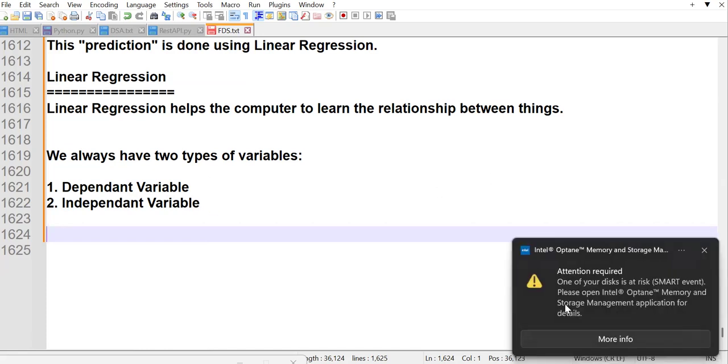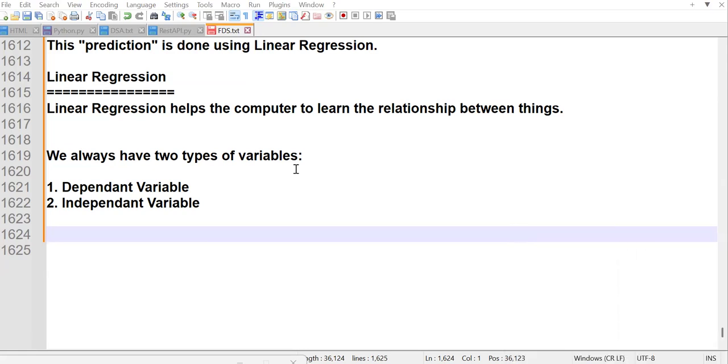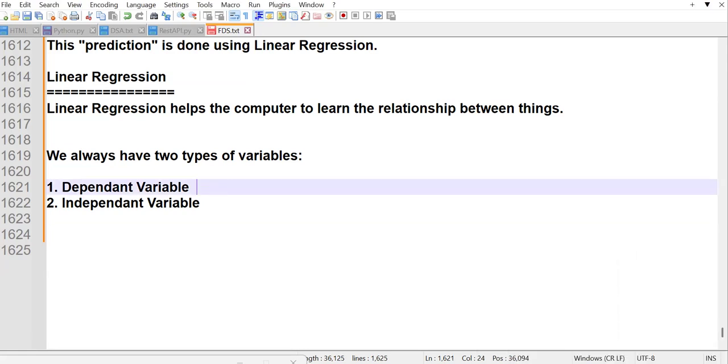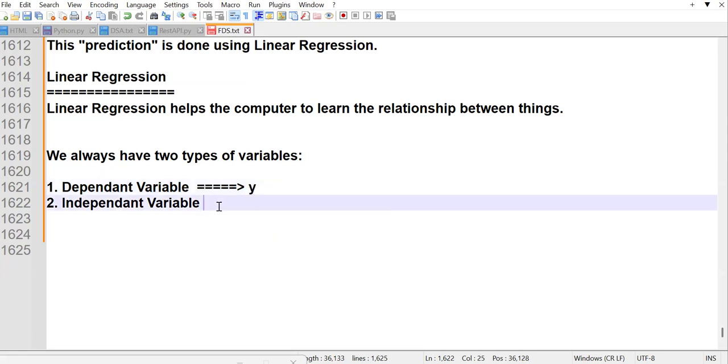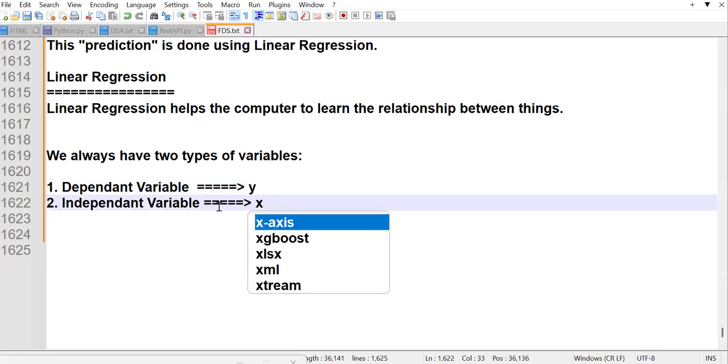What is a dependent variable and what is an independent variable? y is the dependent variable, and x is the independent variable.